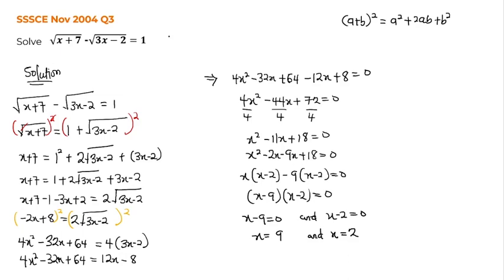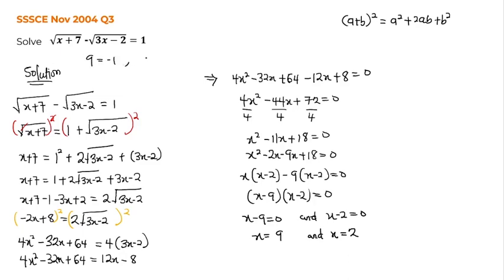So I have here root, the value of x there is 9, so we are using the first number, which is 9. So 9 plus 7, then minus root 3 into bracket 9 minus 2. That will give us negative 1. So if we substitute 9 into this equation, our answer will be negative 1.